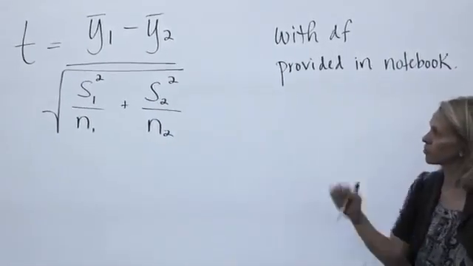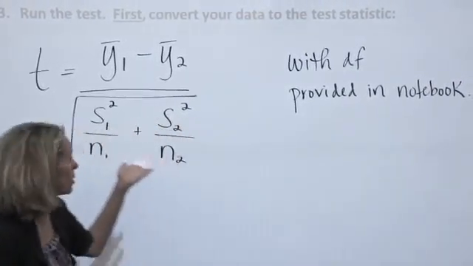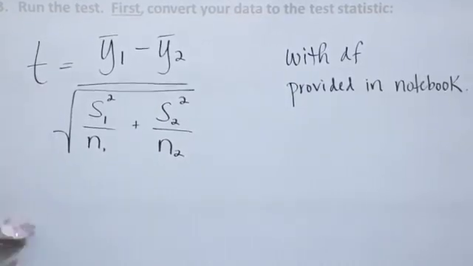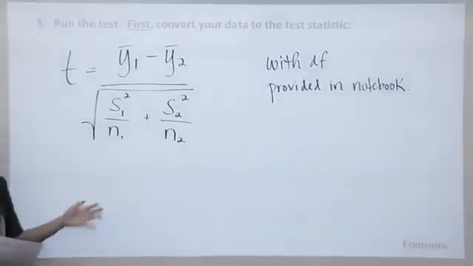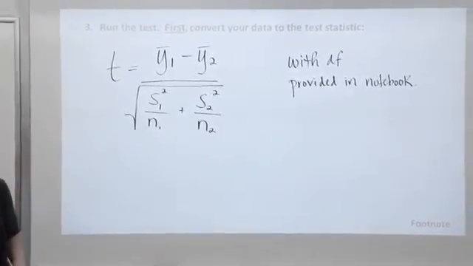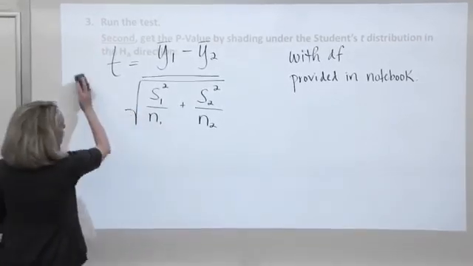And I'm sure we'll address this more in class. All right, then after you get your test statistic, just like before, based on the value of that test statistic, we'll draw a picture and figure out what the p-value is. So nothing's changed here, same thing. So we ran the test, got the test statistic, now let's get the p-value.